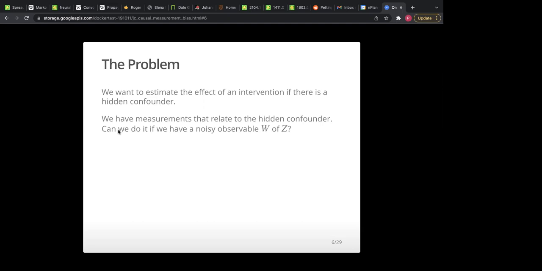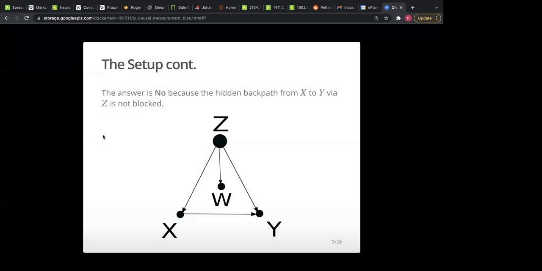And this is how this looks in terms of graphs. We have x, y, and z again, but this time z also causes w. w is our proxy for z.